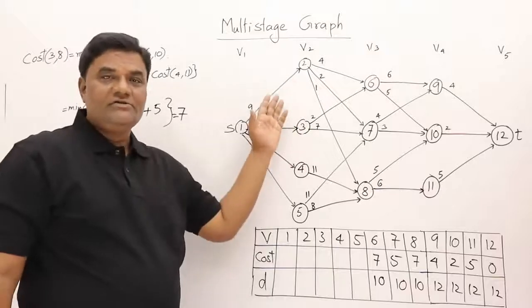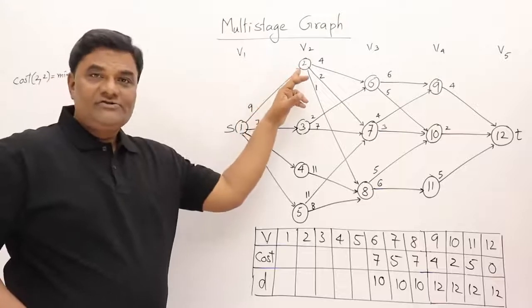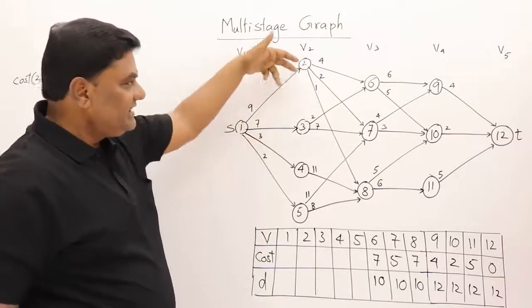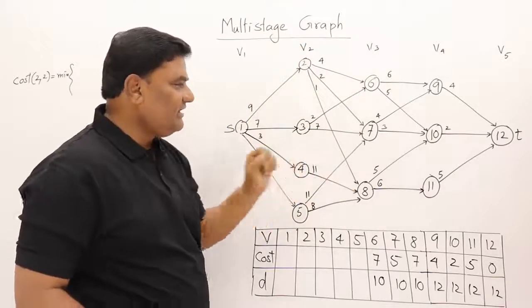Now let us find the cost of all those vertices which are in stage 2. Cost of vertex 2 in stage 2. See, there are 3 edges going out from here: one for 6, one for 7 and one for 8.